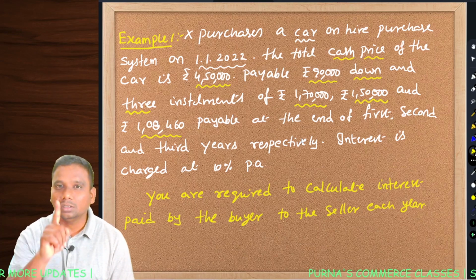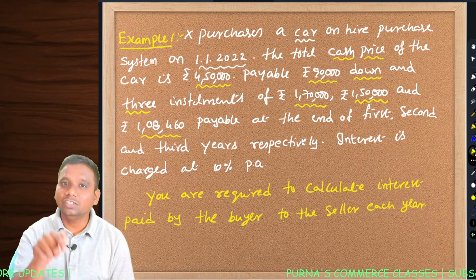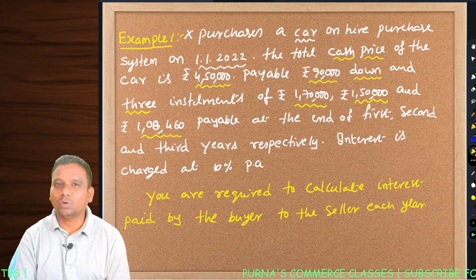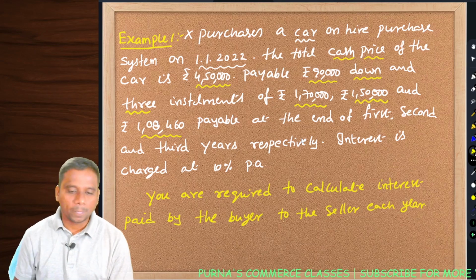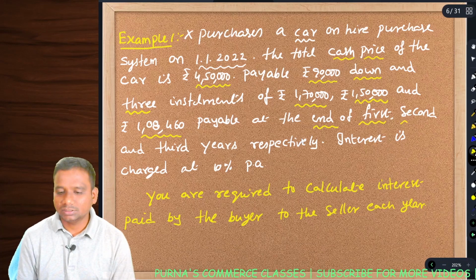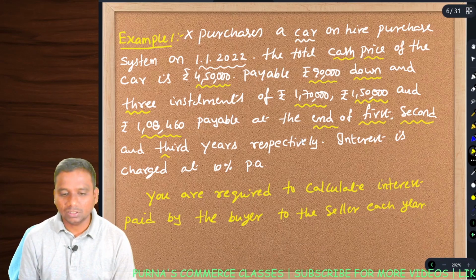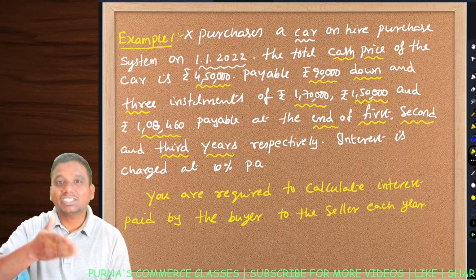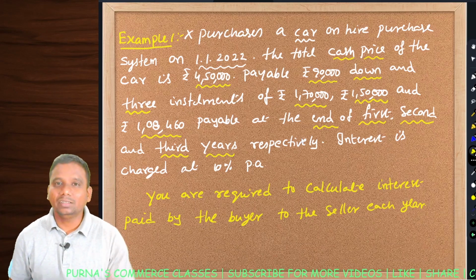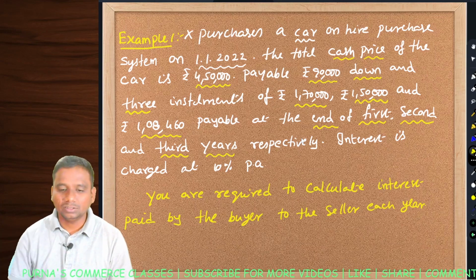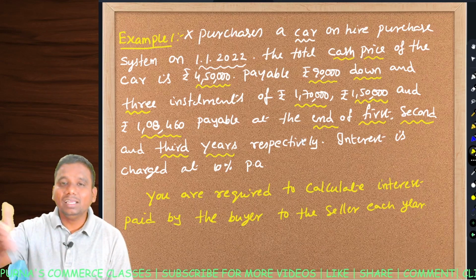Do remember, installment amount includes the interest portion. Now, payable at the end of the first, second, and third years. In the previous video, we understood installment amount may be paid monthly, quarterly, half-yearly, or yearly. Here, yearly installments.